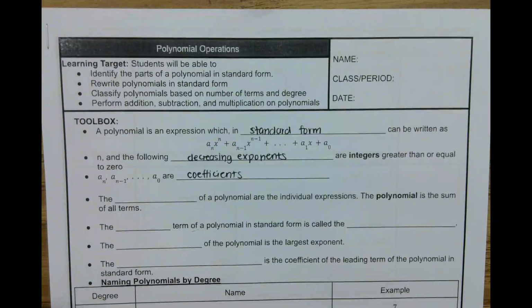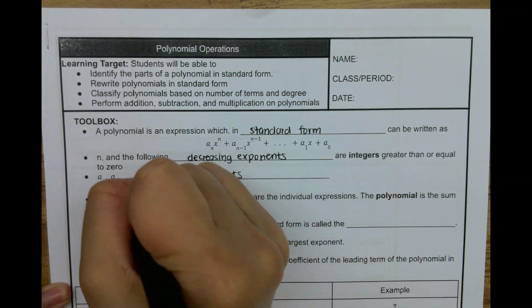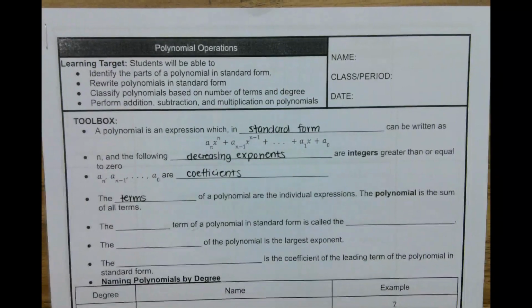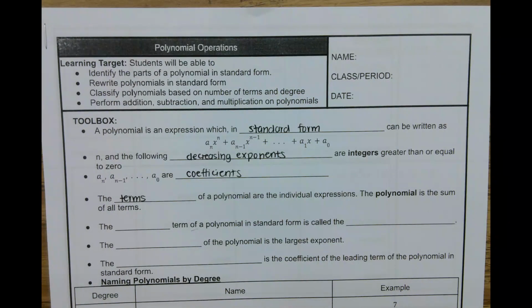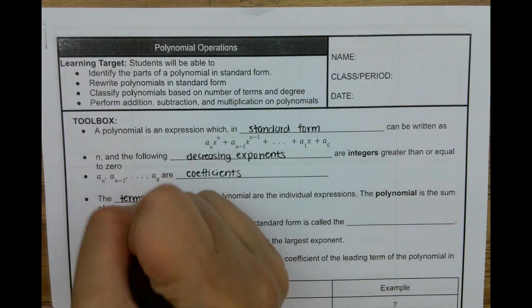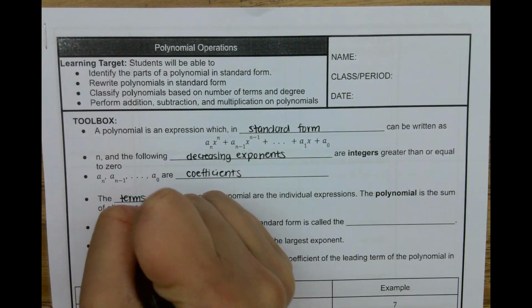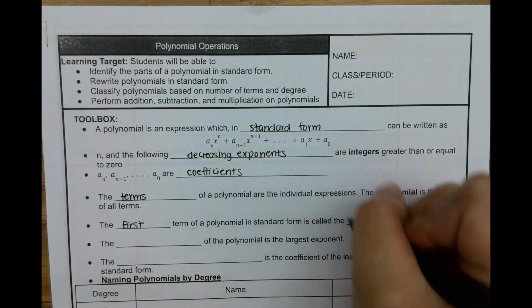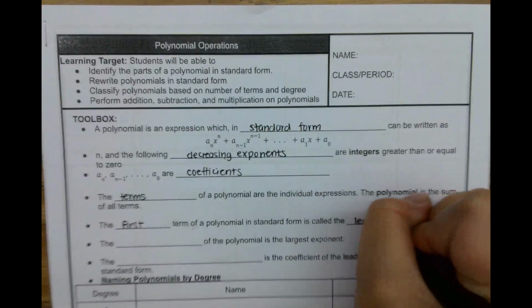And when we're talking about our polynomials, the terms of a polynomial are the individual expressions. The polynomial is the sum of all of our terms together. When it's written in standard form, the first term of our polynomial is known as the leading term.